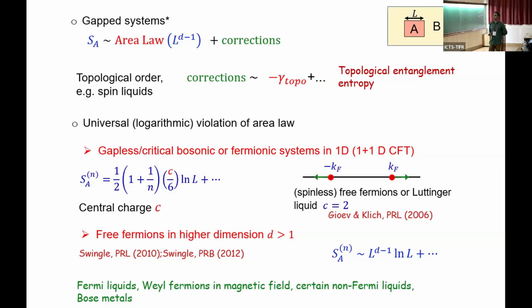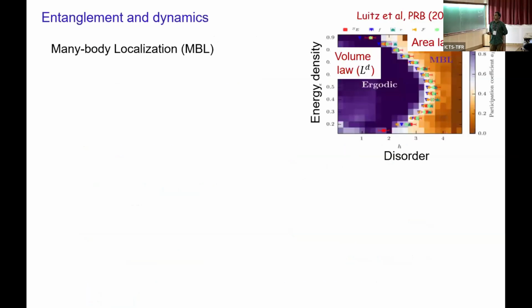Okay, so now another aspect, which is also interesting from the perspective of condensed matter, is that you are trying to characterize the dynamical phases of matter. One of the things is about thermalization and absence of it, which is non-thermalization, for example, many-body localization.